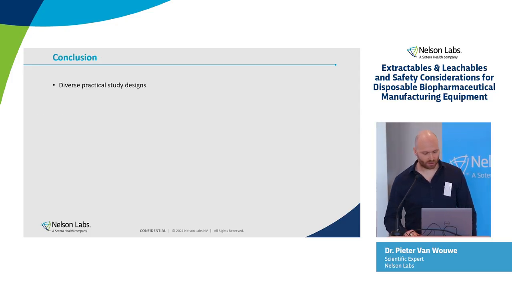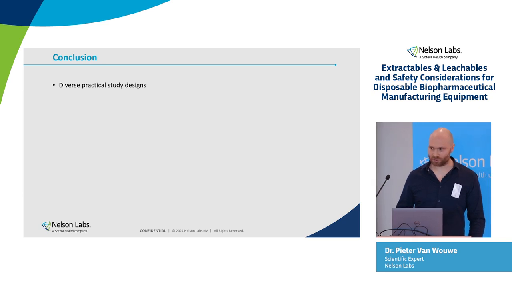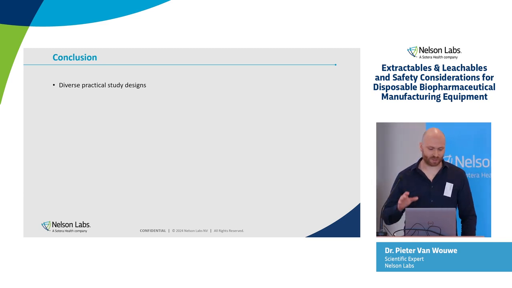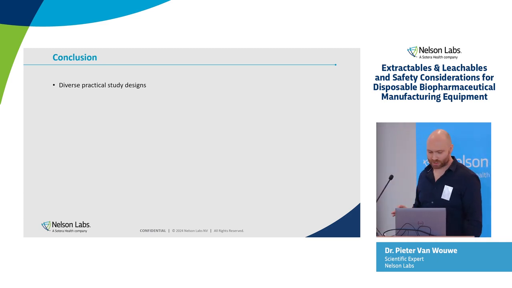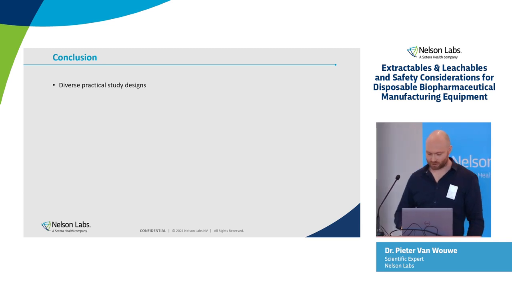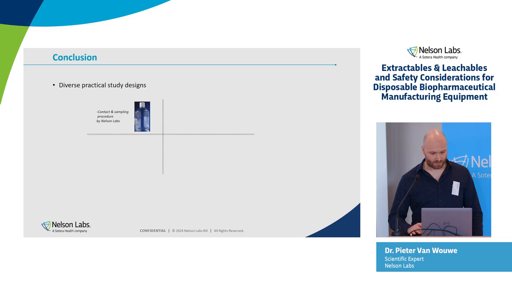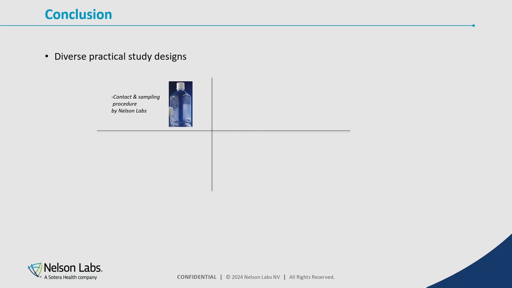So as a conclusion, maybe first the conclusion of the second part of the presentation. I think the main feature that you have for leachable studies on process materials is that you have a relatively high diversity with respect to practical study designs. So we discussed one of the storage bottle.